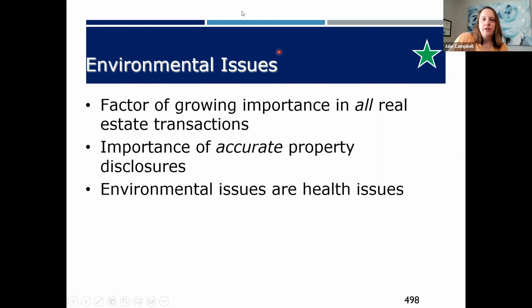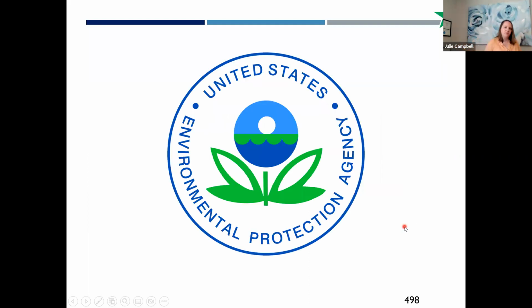Any environmental issue typically starts with the EPA, the Environmental Protection Agency. In your career, please don't go to this site right now, wait till after class. But in your career, if you come across an environmental issue, the number one question is, where do I go or where do I send my client? And I think that generally speaking, the best place to start is the EPA's website.